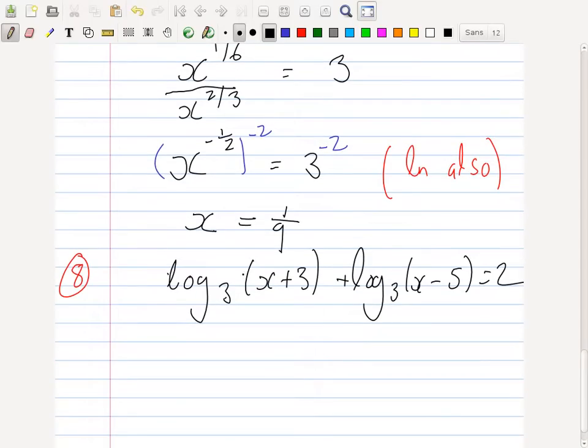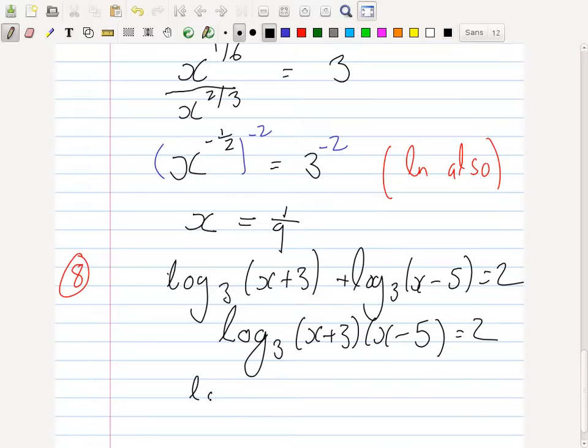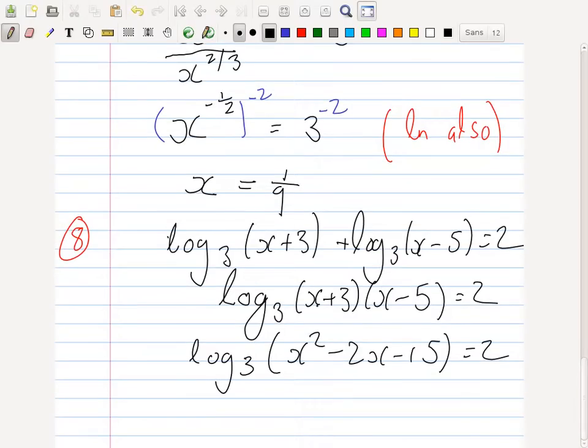Okay, same base, and I'm adding, so what do I do? First rule of logs, most important rule of logs: multiply. So I have (x plus 3) multiplied by (x minus 5) equals 2. Multiplying them out, I get x squared, plus 3x minus 5x minus 15 equals 2. Now if you remember the definition of log base 3, all of this equals 2.